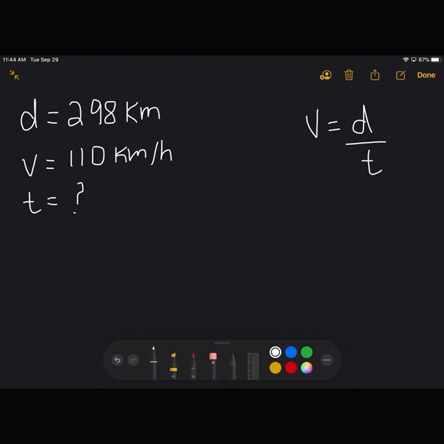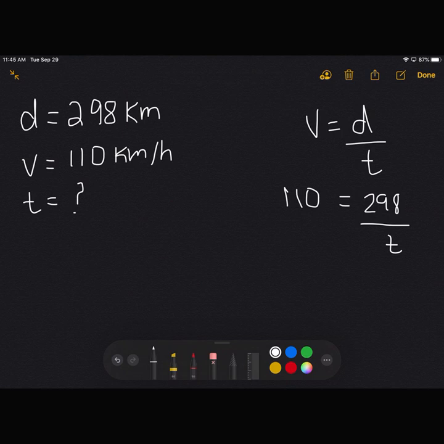Okay, so let's plug in the pieces we know. We know our V is 110. It's equal to our D, which we know is 298, divided by our time, which we don't know. So we put the T there. Okay? Good so far on that?